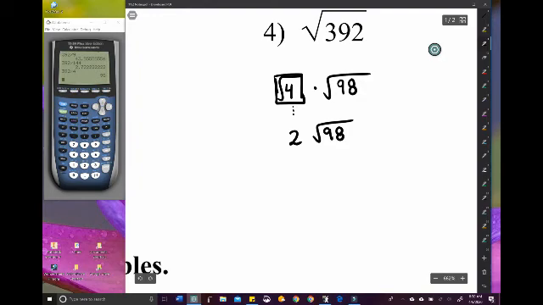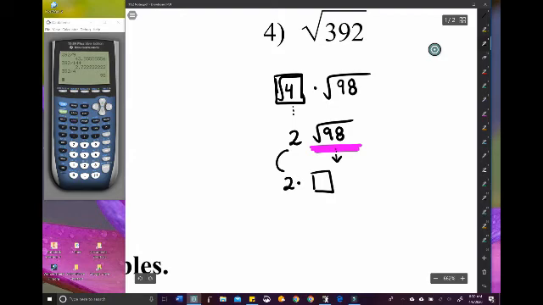Now, if you don't get the biggest square root first, which in this case we did not because we didn't have it in our list, it's okay, but it can still be broken down more. So now you're going to want to repeat that process with 98. And don't forget the 2 out front.